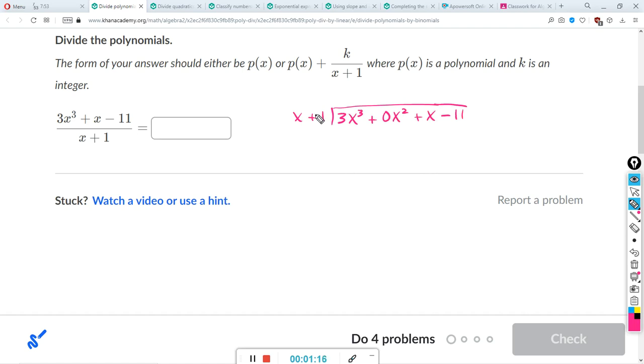So what times x will give us 3x to the third? Or you can just say 3x to the third divided by x. Okay, that's going to be 3x squared, right? So just put 3x squared here. And then multiply 3x squared times x, and then 3x squared times 1.